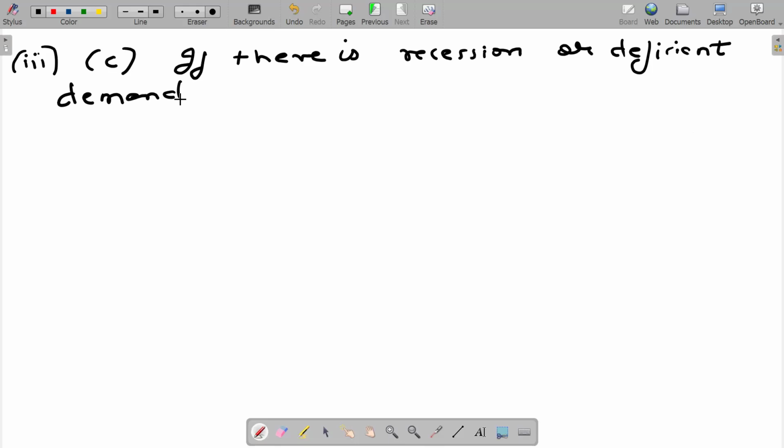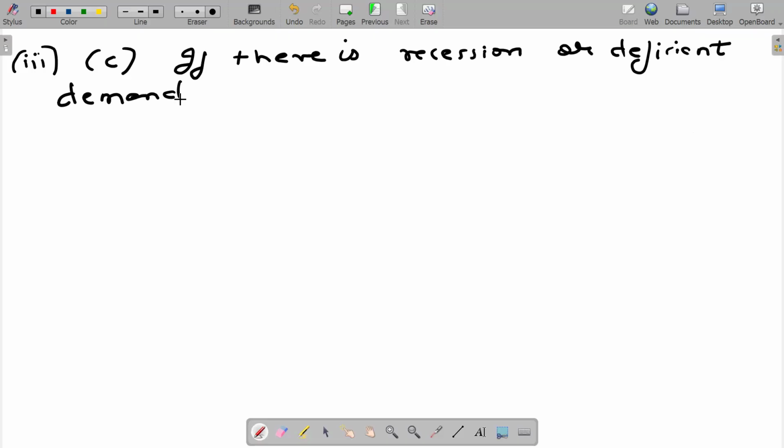How can you increase the aggregate demand? You can increase it by motivating people to spend more. How can you motivate the people to spend more? By cutting down on taxes or by providing subsidies. Both these are going to motivate people to spend more.